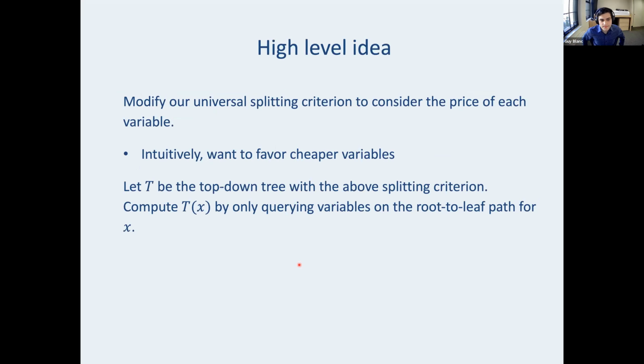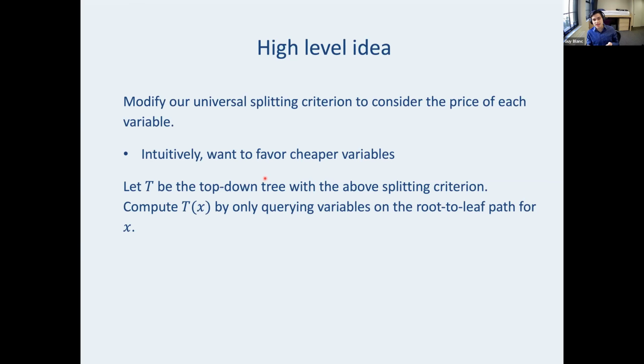Okay, and then the high level idea is, once again, we have this decision tree T, and we're going to build the root to leaf path for T of x. This is the top-down tree, and we're only going to query variables along that path. The difference here with the prior applications is we don't use the splitting criterion directly because we pay a different cost for each variable.